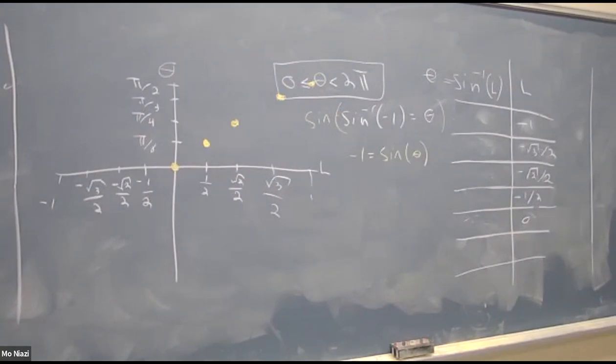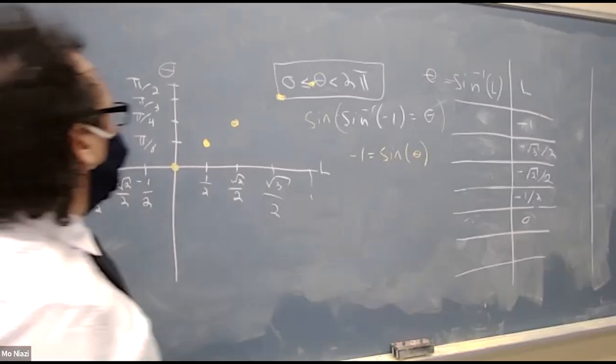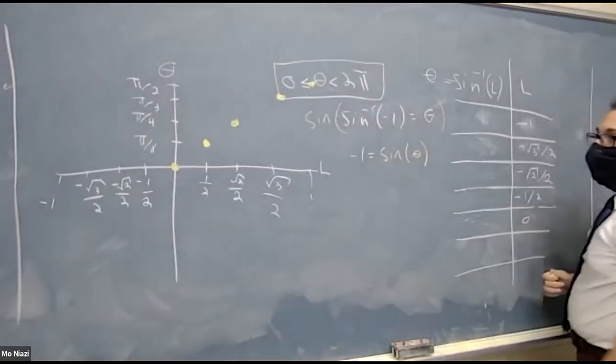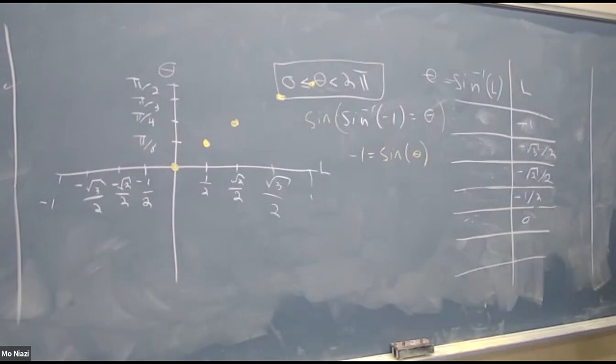So sine inverse of negative 1 equals theta asks you, at what angle does the length of the sine function output a negative 1? What angle is that? Negative pi over 2, yeah.